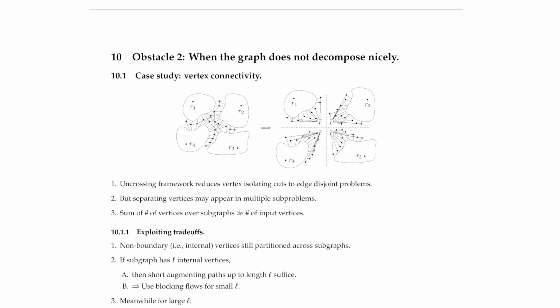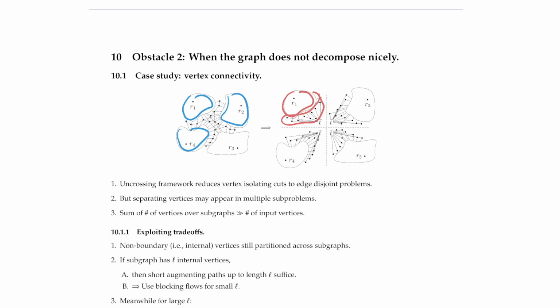So when you do isolating cuts, the intersections will give you some kind of partition of vertices, as well as a bunch of separating vertices, some kind of boundary in between them. And so what happens in the subproblems is that in a single subproblem, you keep the partition, but you also have to keep the boundary vertices attached to some supersink.